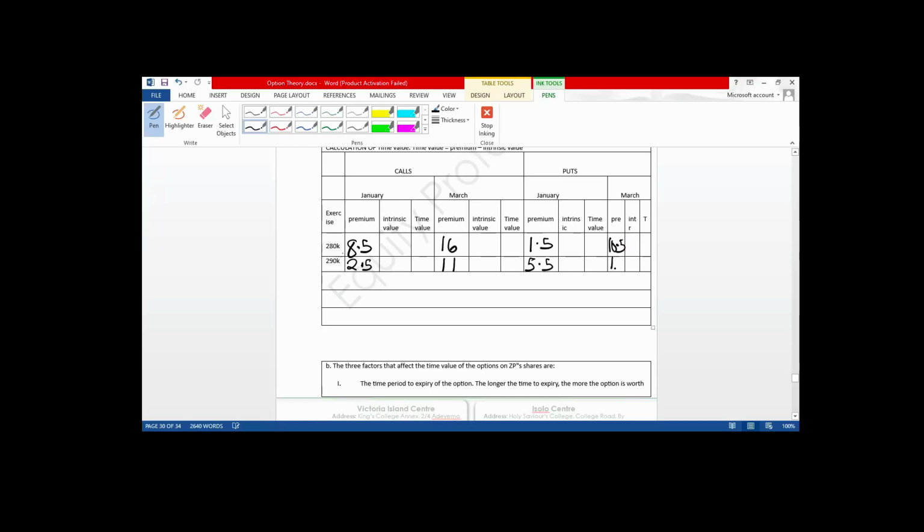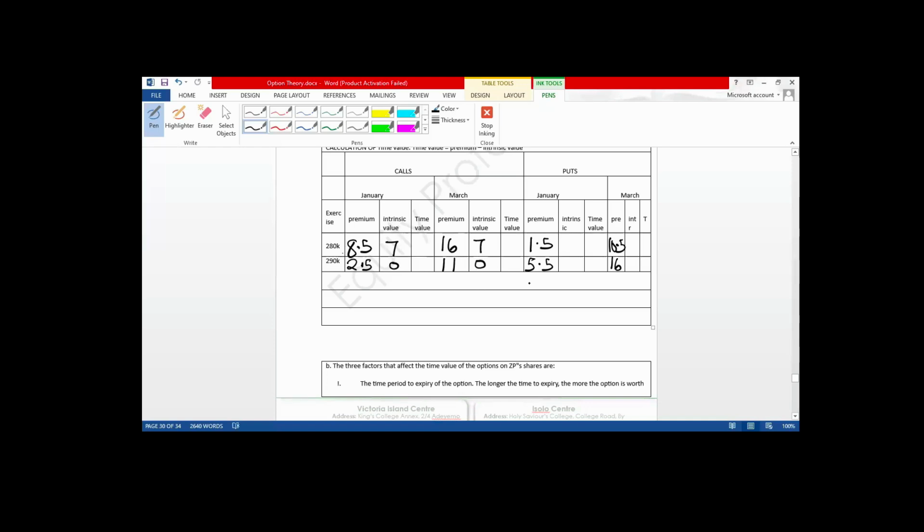Now our intrinsic value here, under call option, intrinsic value is 7.